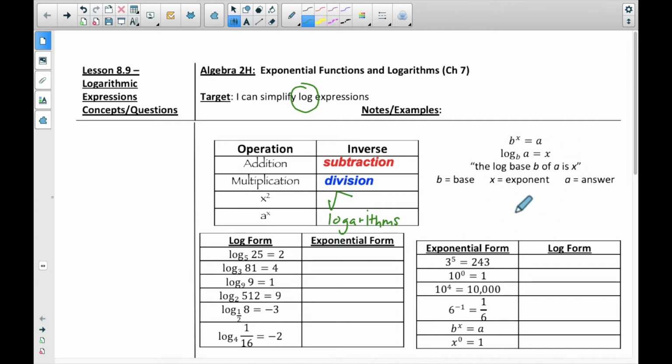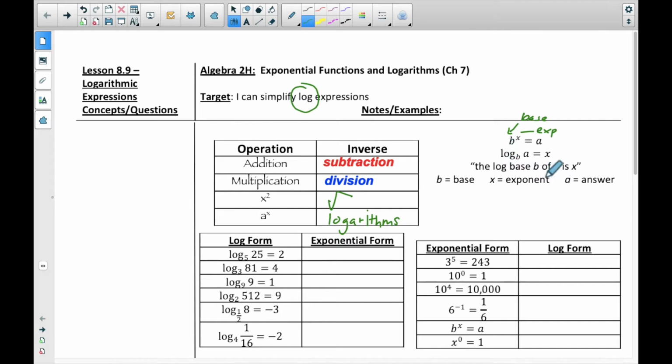So I have a couple of things. Over here on the right, b to the x power is a. So let's just say that we're going to use those letters, b, x, and a. You can use any letters. Different textbooks use different letters. In this, the b is the base and the x, of course, is the exponent. Well, then we change this and we say log base b of a is equal to x.